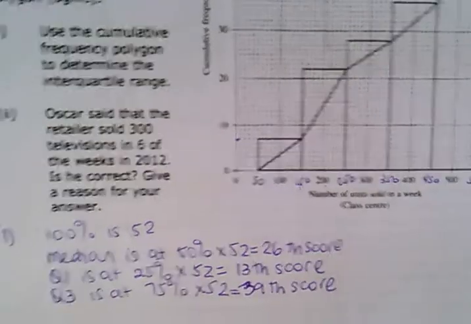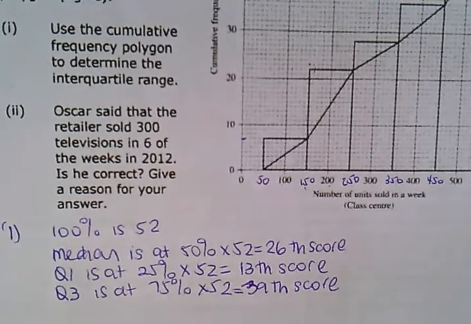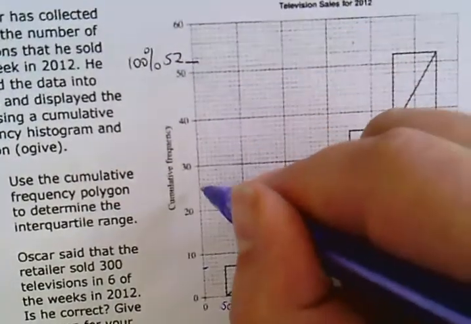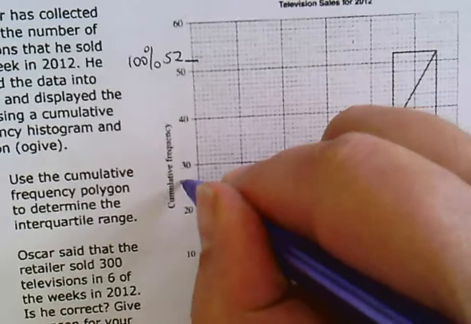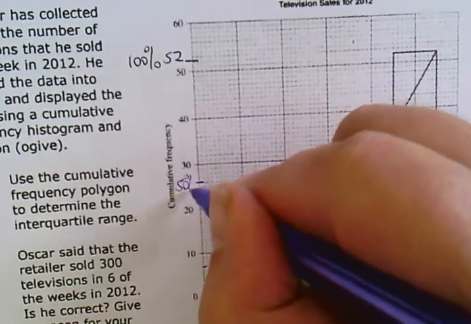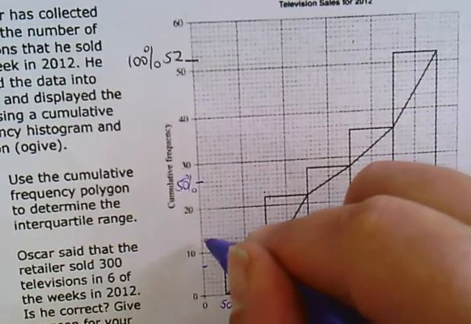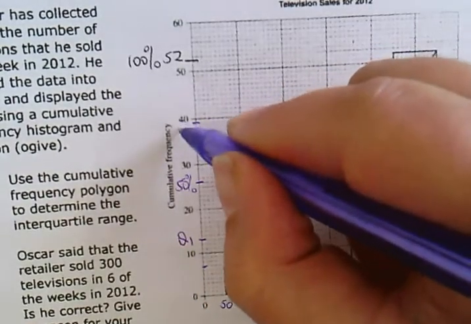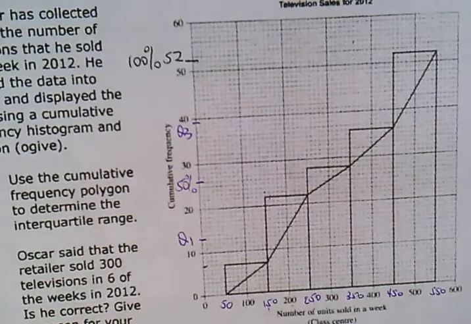So we're going to come across at the 13th score for Q1 and at the 39th score for Q3. That's 100%. Remember, 26 was at 50%, like the median. The 13th score is Q1, and the 39th score is Q3.